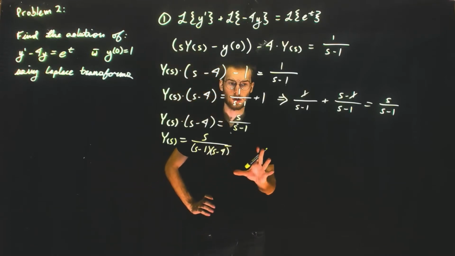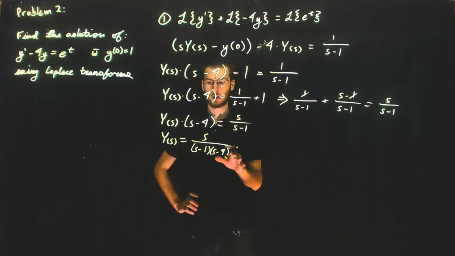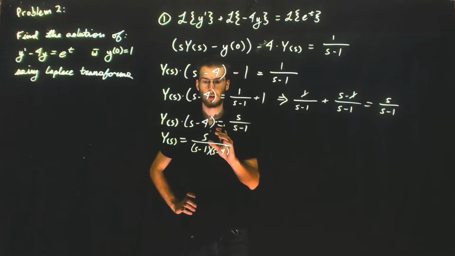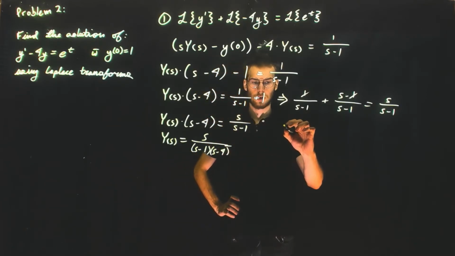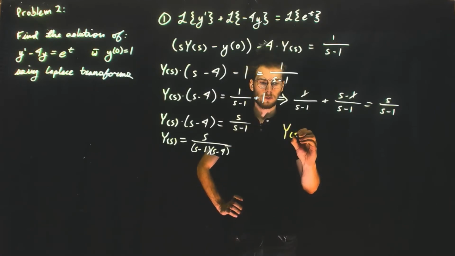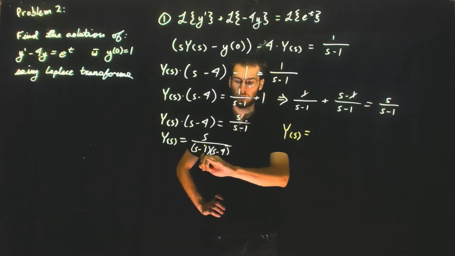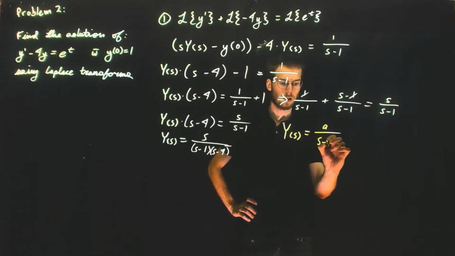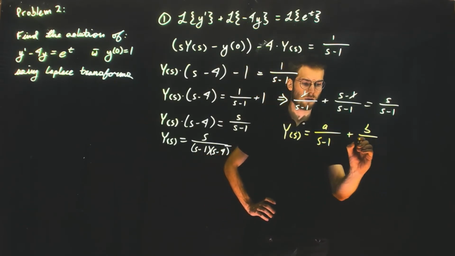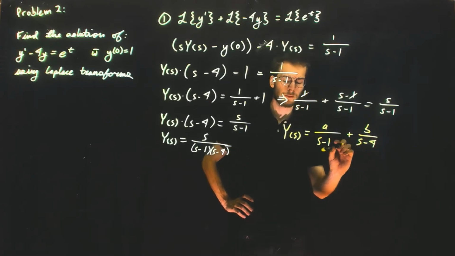So now what we want to do is use partial fractions to simplify our terms. And so what that will look like is this. Again, we want to split this denominator out, so we'll have A over s minus 1 plus B over s minus 4.